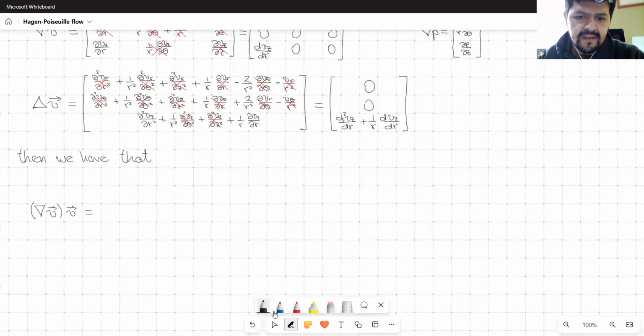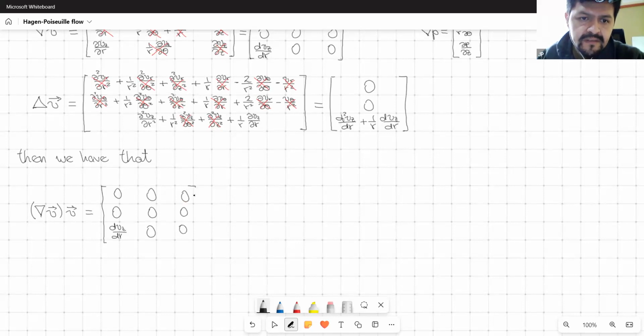So let's find it out. Basically here, this is the multiplication of this matrix whose components are 0, 0, and the derivative is no longer partial, now it is a total derivative, of this matrix multiplying this vector 0, 0, v_z.